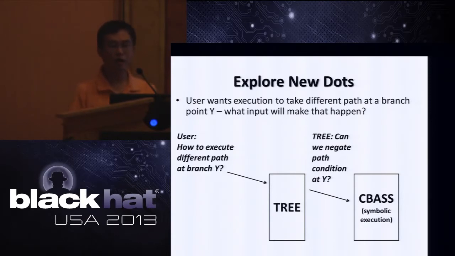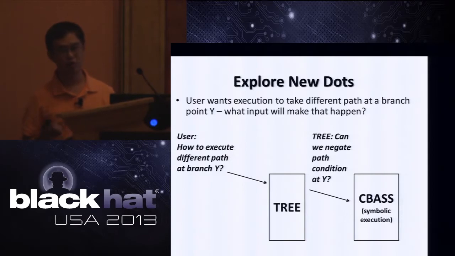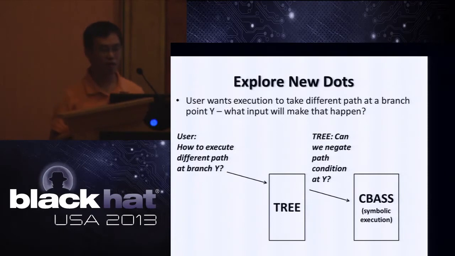A quick introduction to symbolic execution, just to provide some background. Think of the program as usually running with concrete values. Everything is 1, 2, 3, 4, 5, these numbers, and you produce the output as numbers. So everything is concrete, numerical.